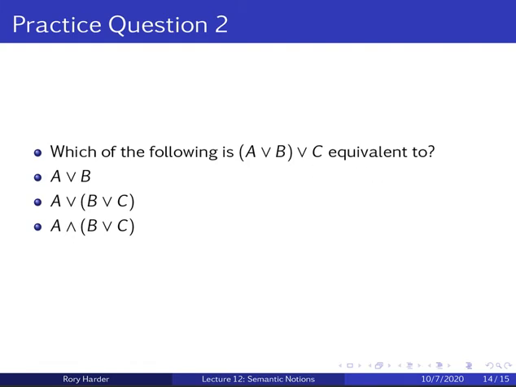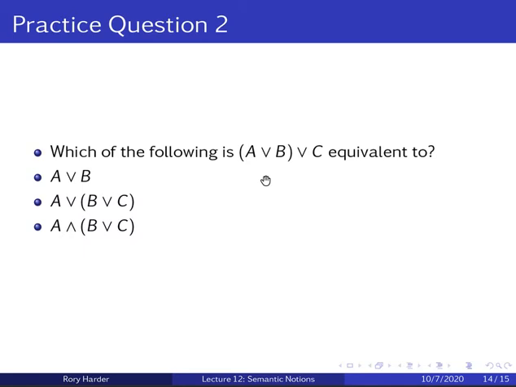So now to determine which one is the correct answer, we have to construct truth tables comparing the given sentence with each of these. And when we construct each of those truth tables, we can look at the column under the main connective. So here's this V disjunction. And for instance, the main connective here, or here, or here, and we see whether they have exactly the same distribution of truth values or not.